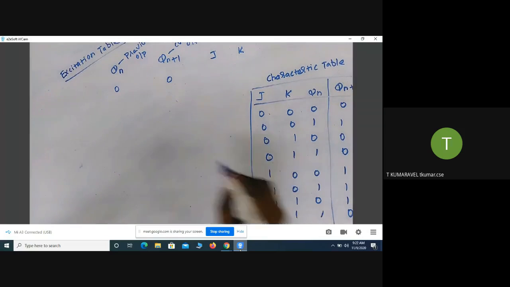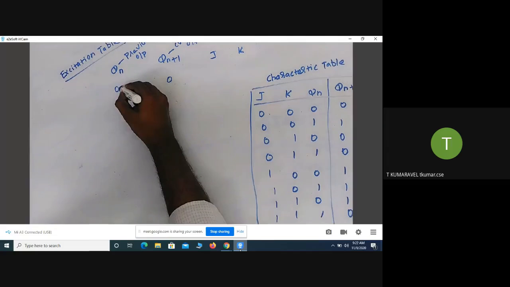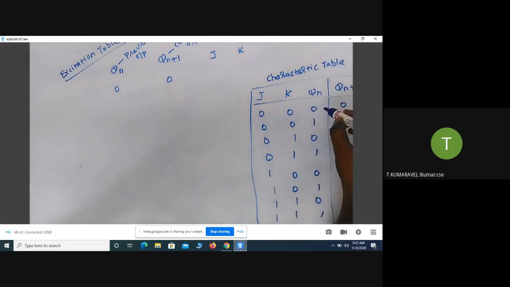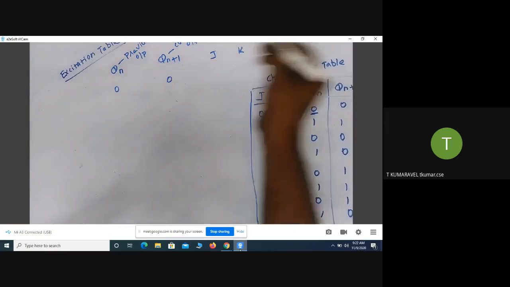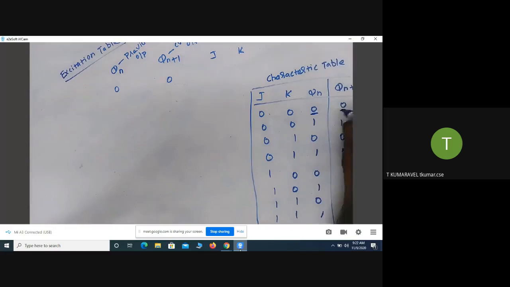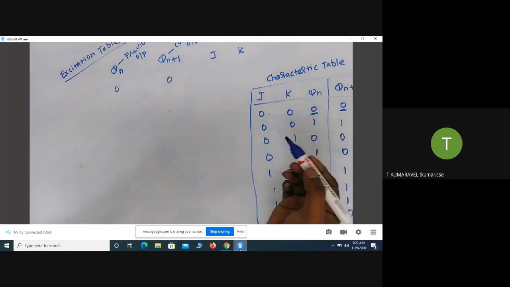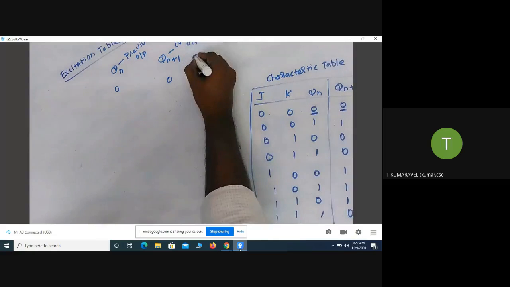So look at the table. Suppose my previous stage output is 0 and the current output is also 0. What is the combination for J and K?